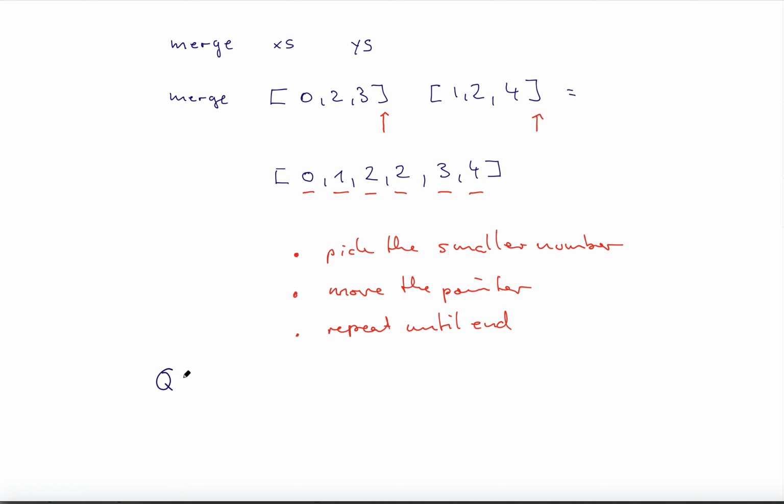So question is, what is an interesting invariant of merge? I kind of give you a hint because I took sorted lists as my example. So there's nothing in merge itself that would require the two lists to be sorted.